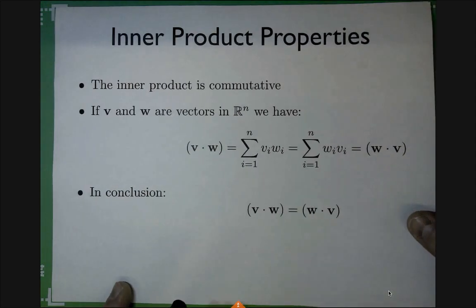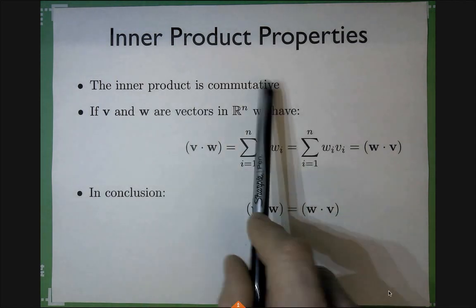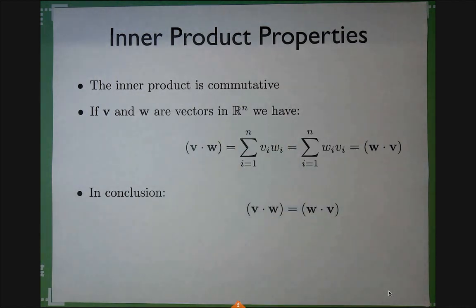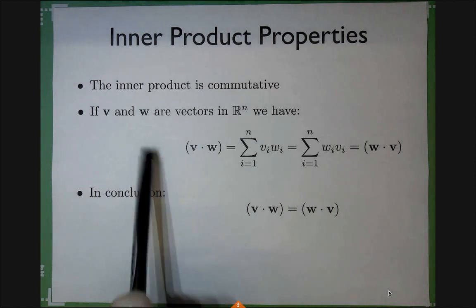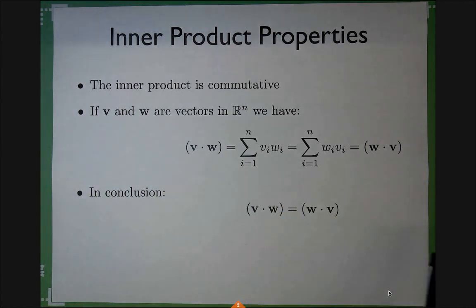So let's look at some properties, the algebraic interpretation of inner products. The first thing you can realize is that the inner product is commutative. And there's a very easy way to prove it formally. Even though I'm not pretending to do anything mathematically rigorous, sometimes it's useful to think about how to prove things, especially if it's easy to come up with the proof.